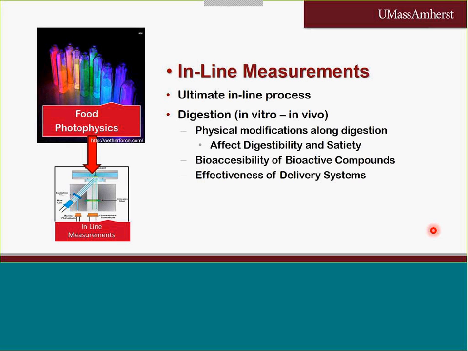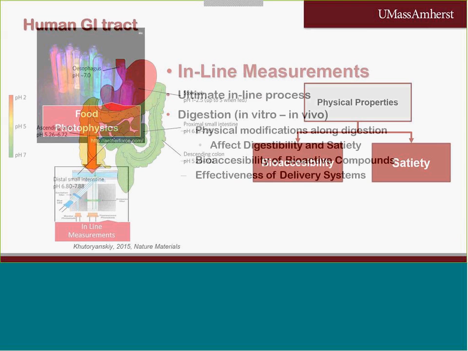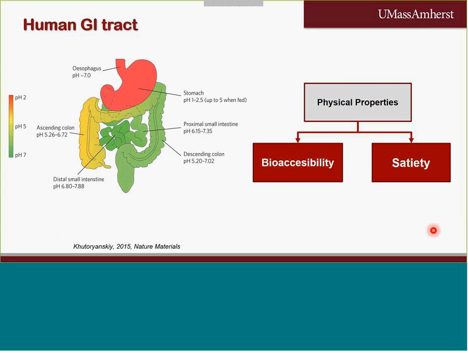So it's extremely interesting to have the ability to monitor those physical properties as the food transits through the GI tract, to assess how those physical properties affect bioaccessibility and, if possible, satiety. So we use a molecular rotor, as I said before, in order to do so.